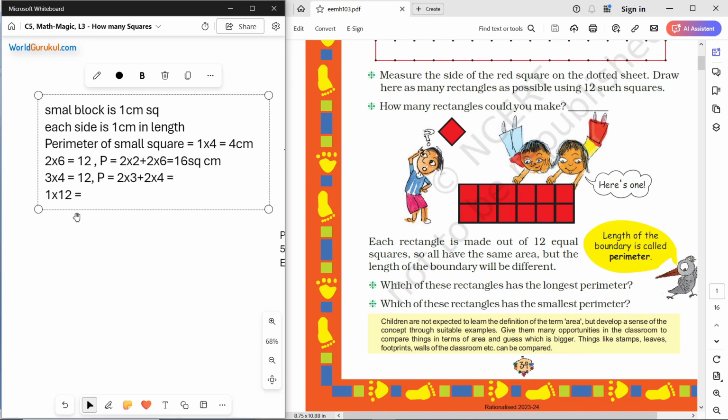This is how much? 2 3s are 6, 2 4s are 8, 6 plus 8, 14 square centimeters. If it's a 3 by 4 or 4 by 3, the result is going to be the same.